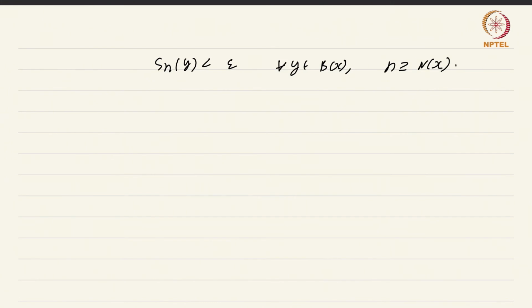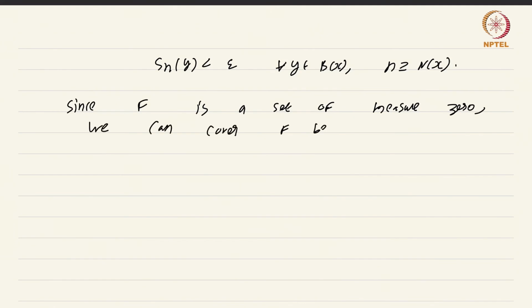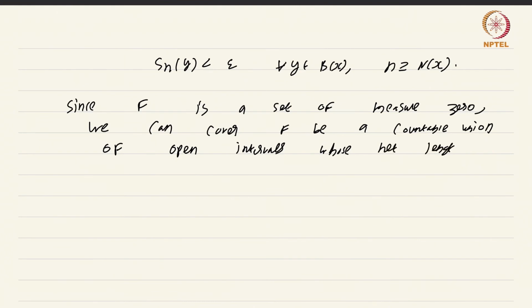Okay. Now here is the crux. Since that other set, the bad set F, is a set of measure 0, we can cover F by a countable union of open intervals whose net length is less than epsilon.